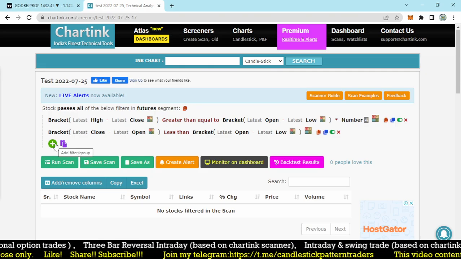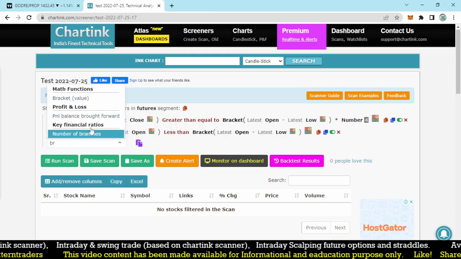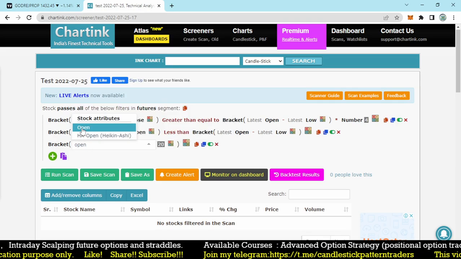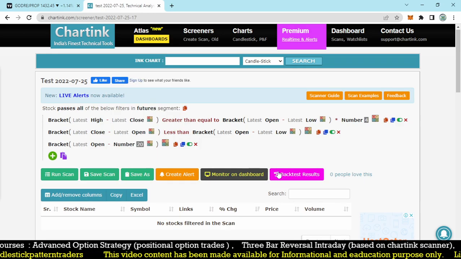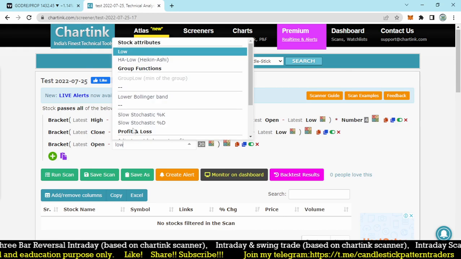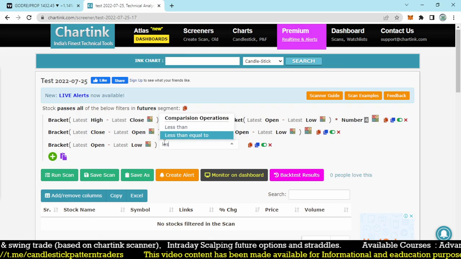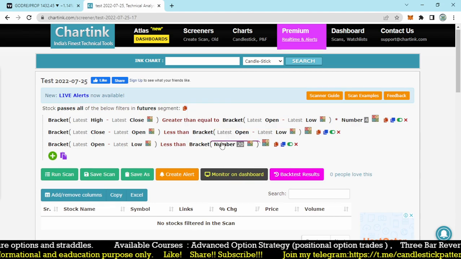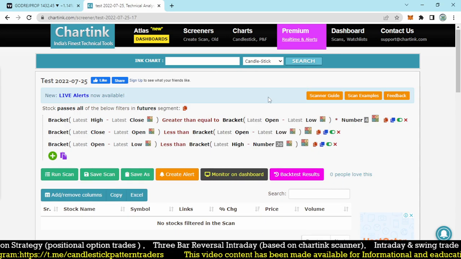And finally, what we are going to do here, in the bracket, open minus low again. Here, this one I'm taking, open minus low, less than the high minus low.